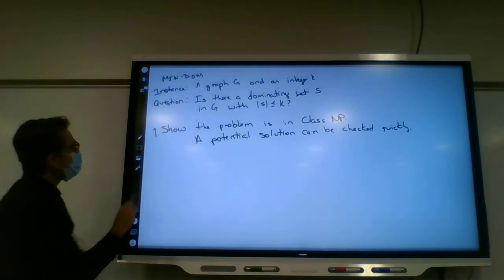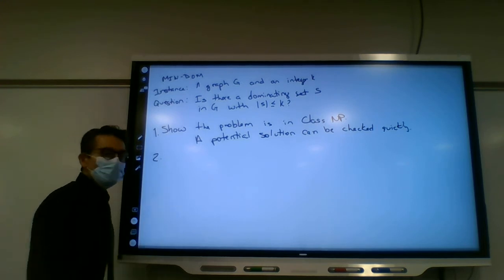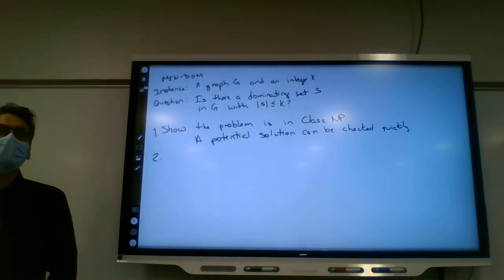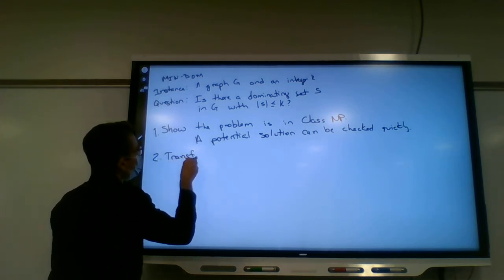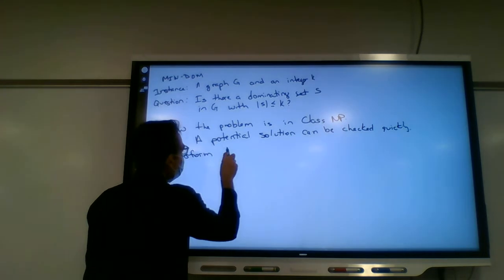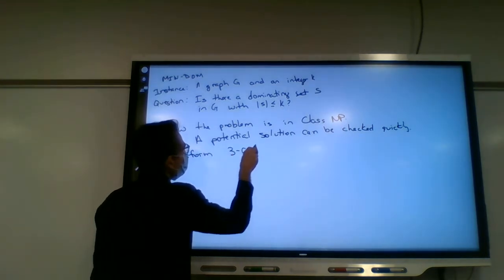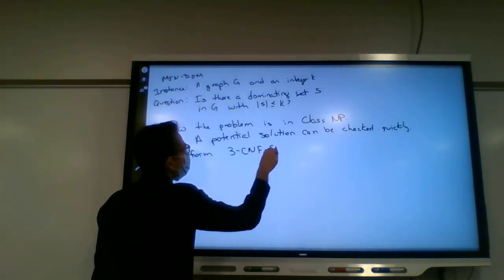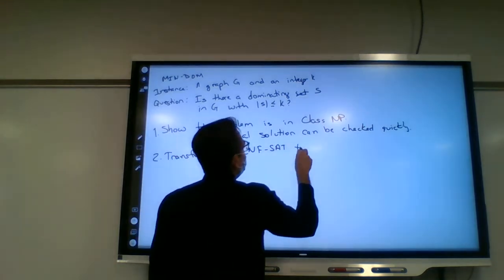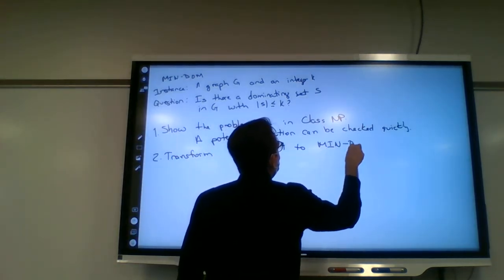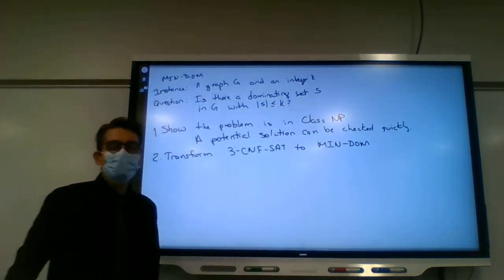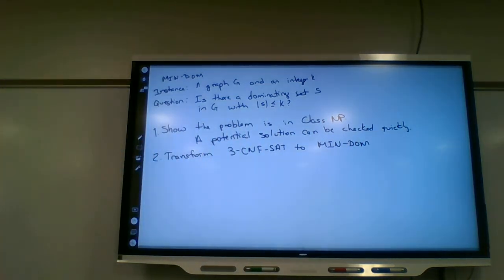All right, so the next part is we need to transform a known difficult problem into this one. And what we're going to transform is we're going to transform the 3 CNF SAT problem to this.